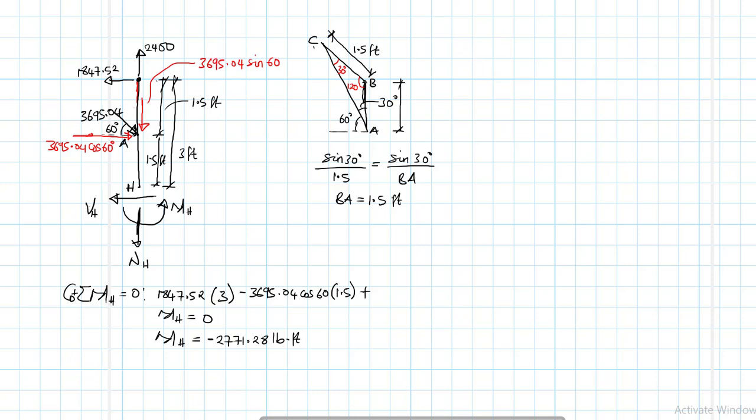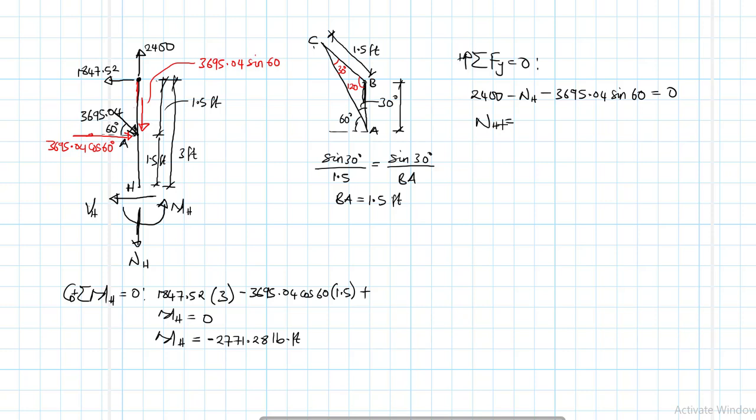Let's also sum up the forces in the y direction, summation of forces in the y direction equal to 0. What do we have? We have a plus 2400, and then we have minus NH, then we have minus 3695.04 sine 16, and is equal to 0.